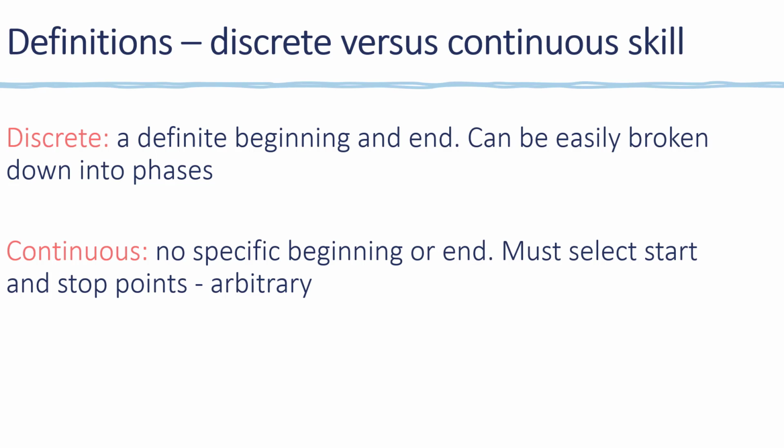There's a very clear start and end to when you're throwing a ball. Whereas a continuous skill may be something like swimming or running, where you just decide to start and stop. I gave you some examples, but I encourage you to try to come up with your own examples and write those down for each of these definitions.